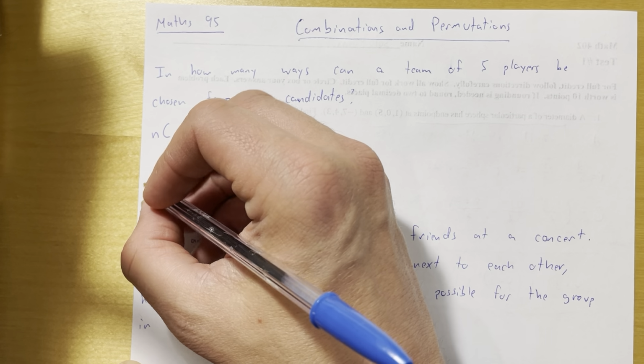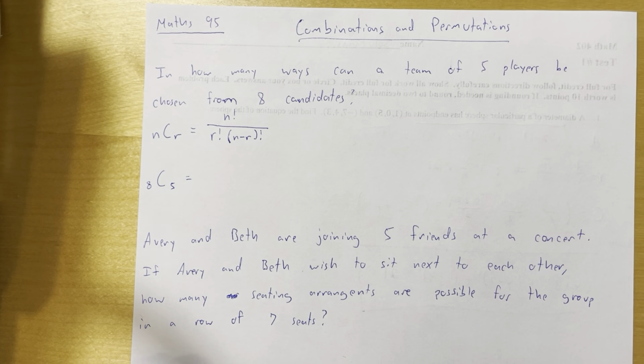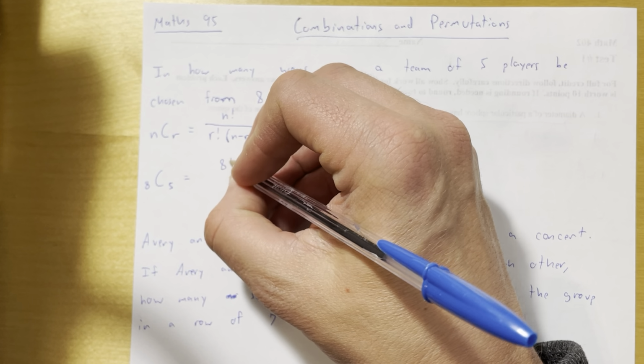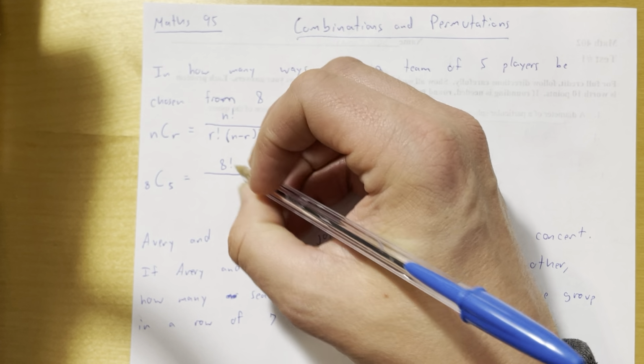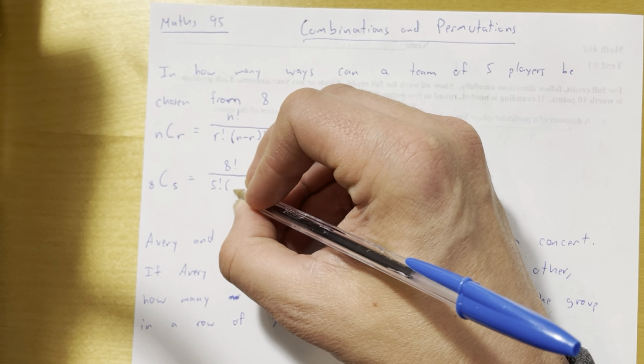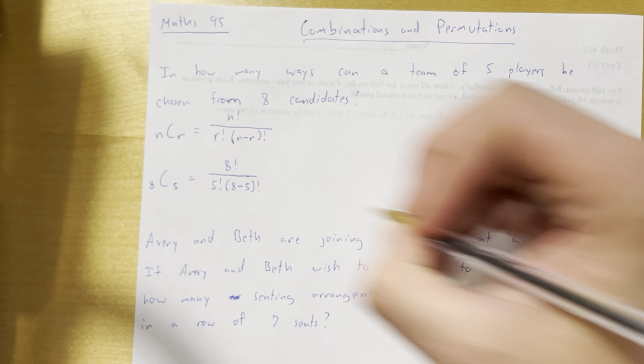In our case, we're looking at 8 choose 5. 8 players, and we're choosing 5 from those 8 to form a team. That's equal to 8 factorial over r, which in this case is 5 factorial, times (8 minus 5) factorial.